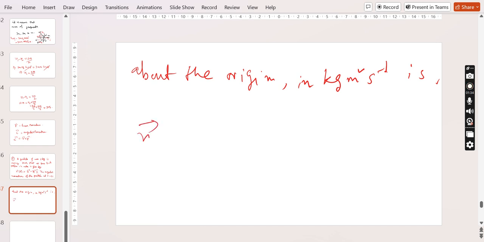So we need to know the angular momentum. I have already told what the equation is. So L is equal to r cross p. r is equal to 5t i, that is equivalent to x.